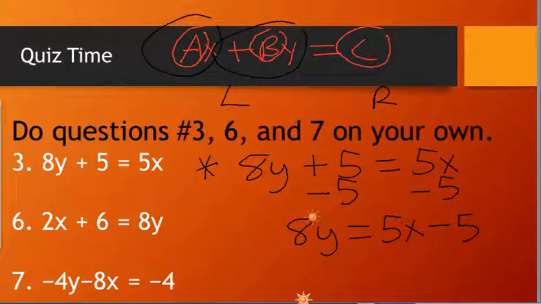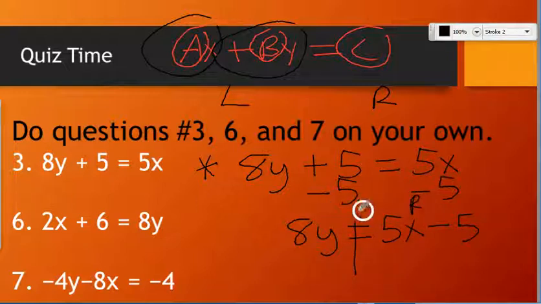Right now, on our left side, we have just the 8y. So if this is my right side and this is my left side, on the right side we have our 5x minus 5. So we have to get this term right here off of the right side. We have to bring it over to the left side, and we just have to remember we follow the rules that we need to as we're doing that.